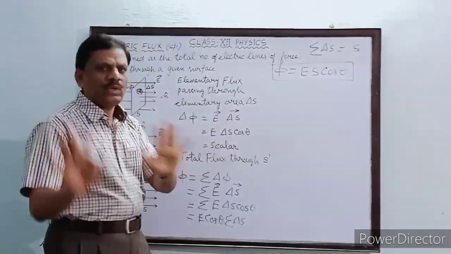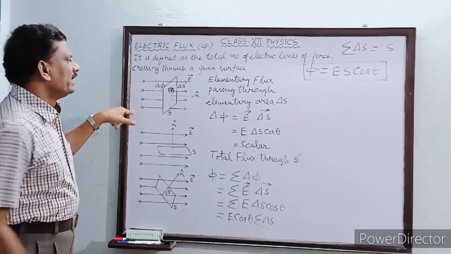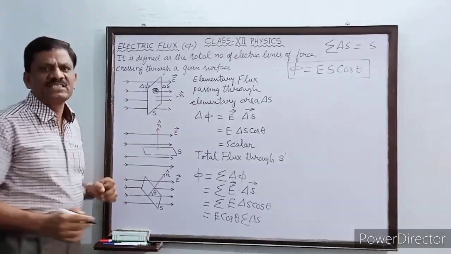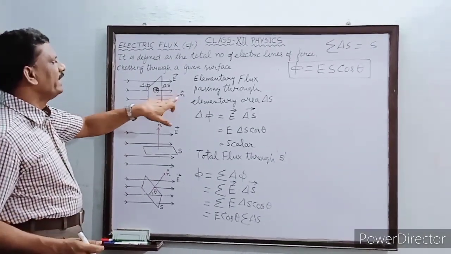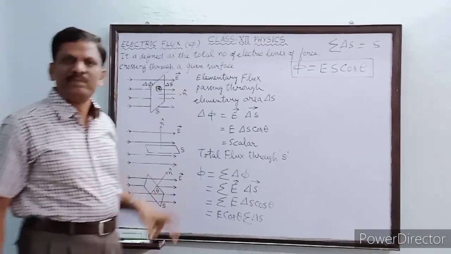Now you look at the picture and tell me, in the first picture, the area is denoted by n cap. So what is the angle between the two vectors, namely the area vector and the electric field vector? Both are in the same direction.